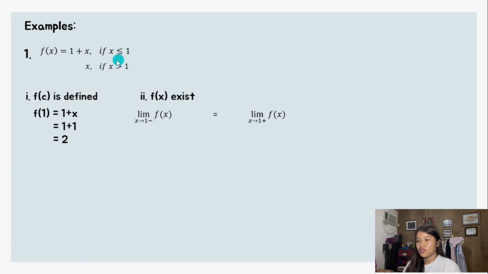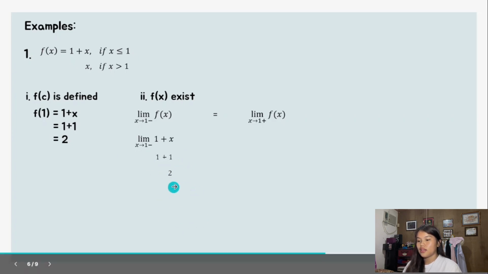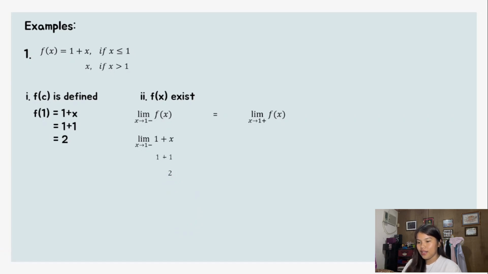Therefore, this is going to be the function, and that will be the limit of 1 plus x as x approaches 1 negative. Next is to substitute the value of x, which is 1. So it will become 1 plus 1, and it will be equal to 2. Now we are done with the left-hand limit.